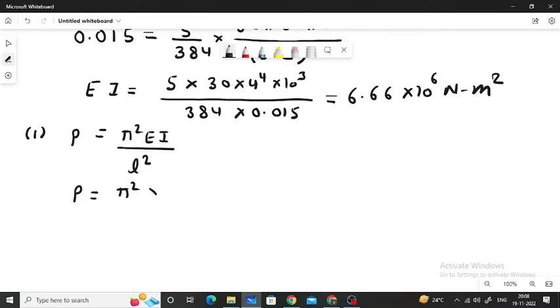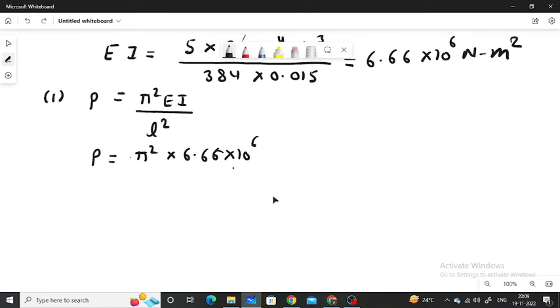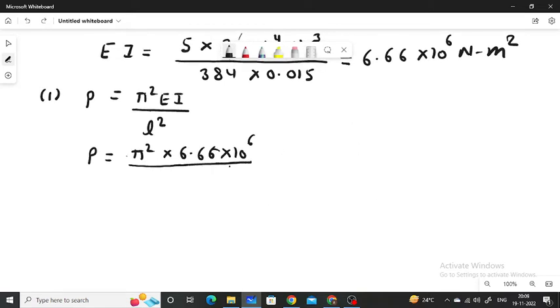So from here, flexural rigidity is 6.66 into 10 to the power 6 divided by 4 to the power 2.